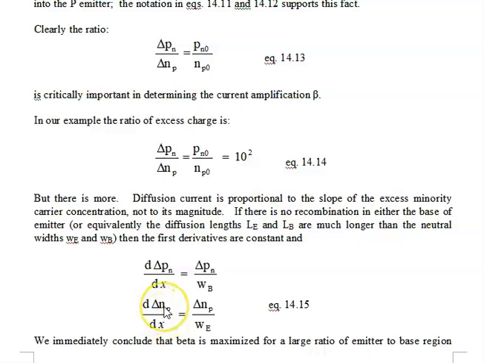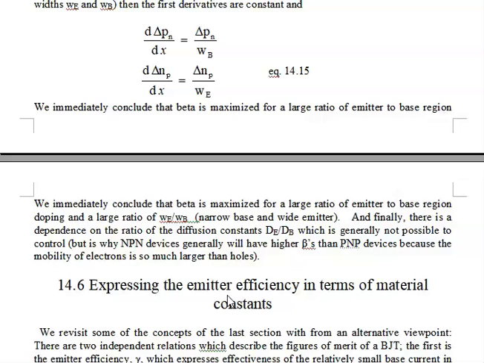This is the electrons, which are thrust, I shouldn't say emitted because they're thrust from the base into the emitter. So when they get into the emitter, they diffuse, and the diffusion parameter, which is of significance in the emitter, is the emitter width. So if the emitter width is much larger than the base width, we get an extra added factor of maybe 2 or 3, and finally the diffusion coefficients in the emitter and the base.